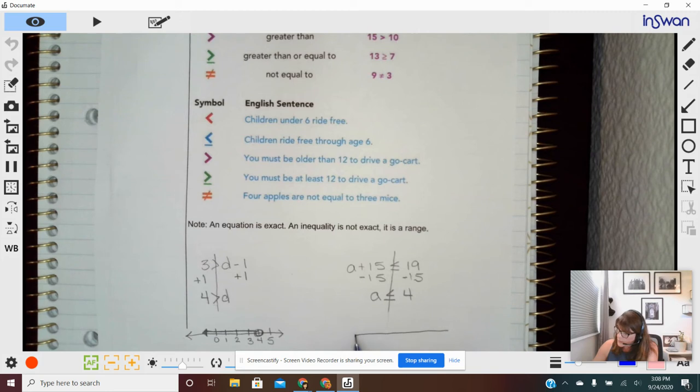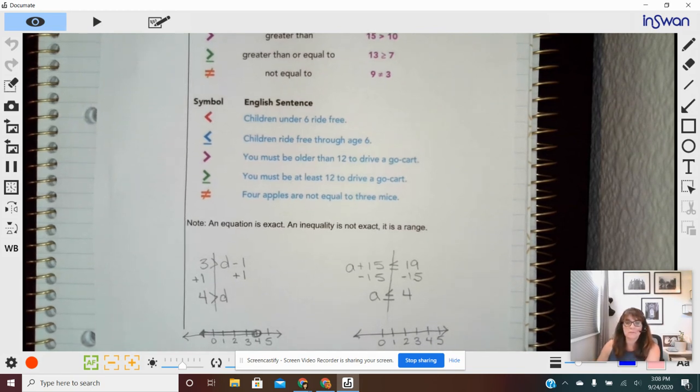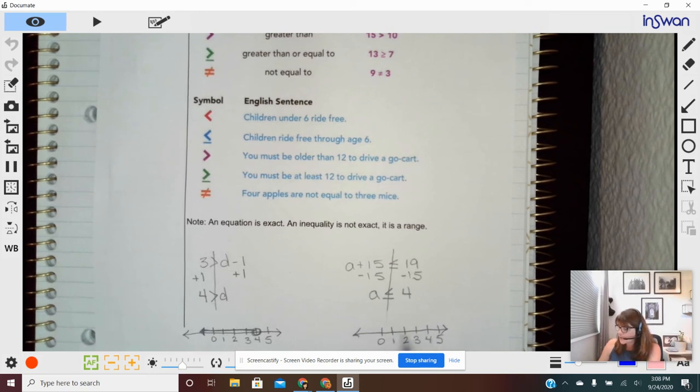So I'm going to draw a number line. 0, 1, 2, 3, 4, 5. And you can do it any way you want. Make sure you include a few numbers and always include 0, because you want to know which way you would get to the negative numbers. Now this says that a is less than or equal to 4.